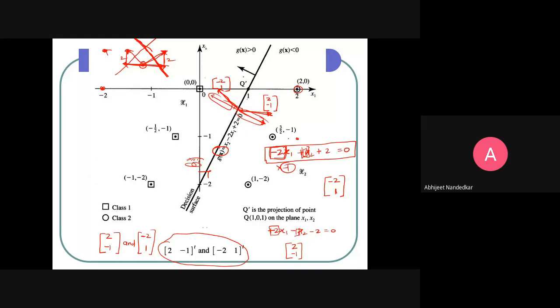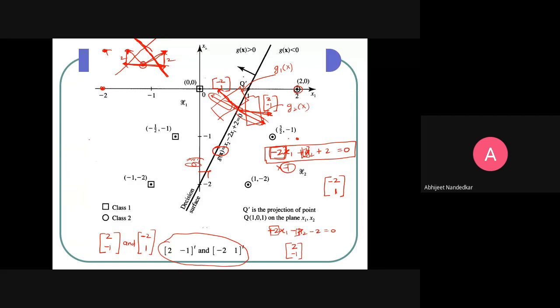Okay, say a plane which is perpendicular to this and a plane which is perpendicular to this. And these functions or these planes, I am going to call this G1x and this G2x.